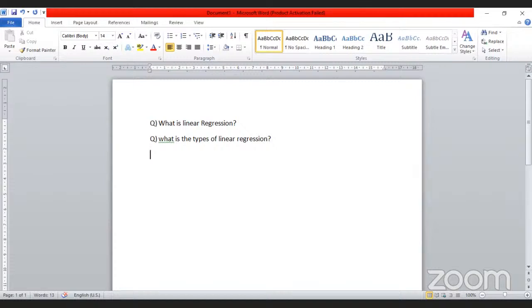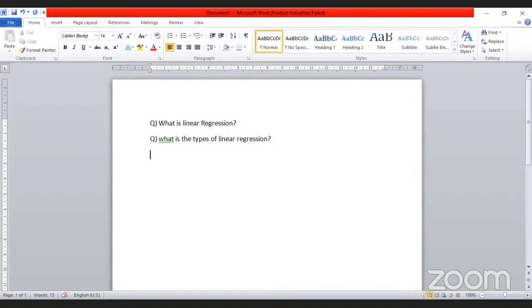Okay, so there are two types of linear regression. The first one is simple linear regression. The second one is multiple linear regression. As we know, in linear regression we have dependent and independent variables, and we have to follow the linear relationship between those variables. But how are the types different?